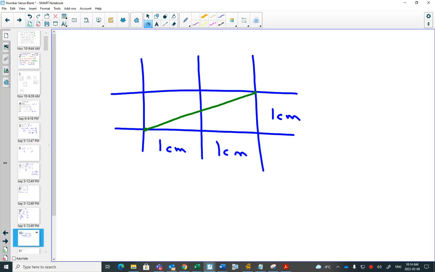How long is this? Longer than 2 centimeters. Do you remember doing this in grade 8? How long is this side? 2 centimeters, 1 centimeter.